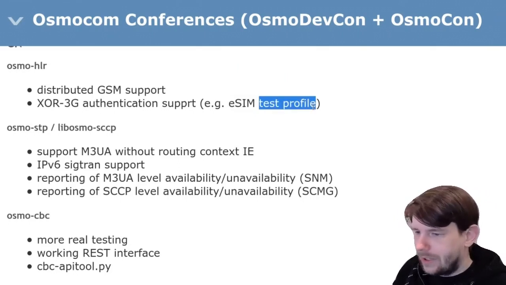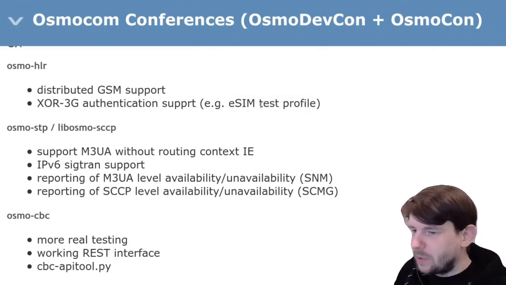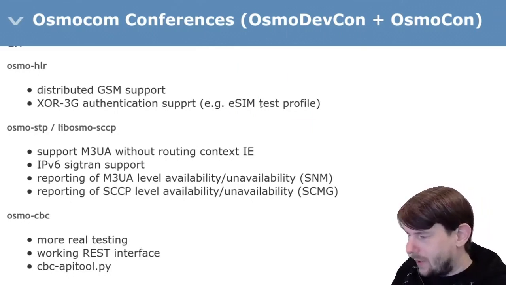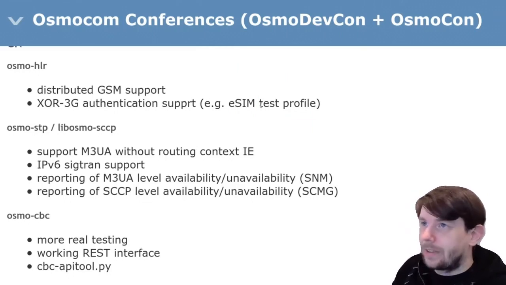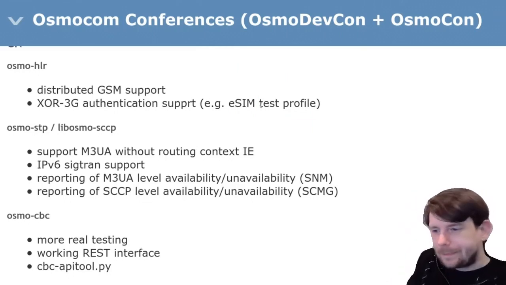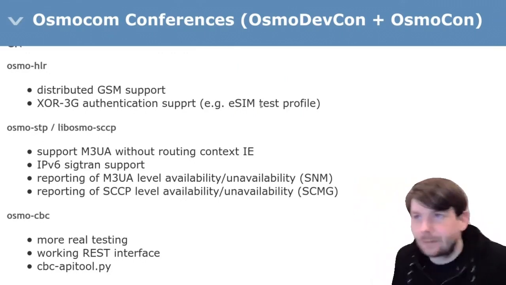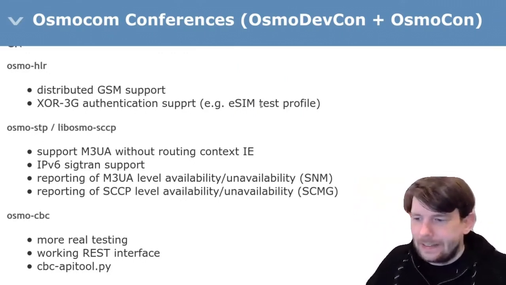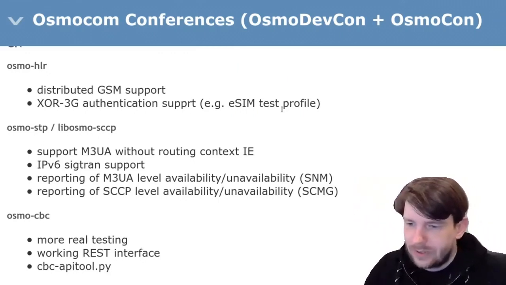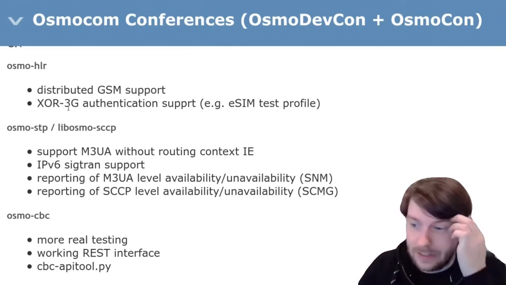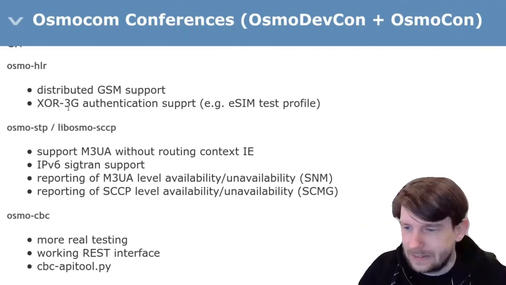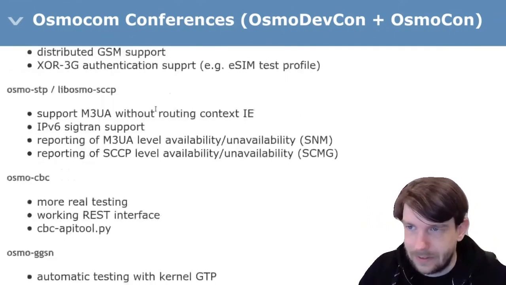According to the GSMA eSIM specification, or eUICC specification to be more precise, every eUICC, that's the physical chip, needs to support a so-called test profile. And the test profile will use specified keys and use this XOR 3G authentication scheme to register to the network, and that's now supported. Has been tested with some eSIM.